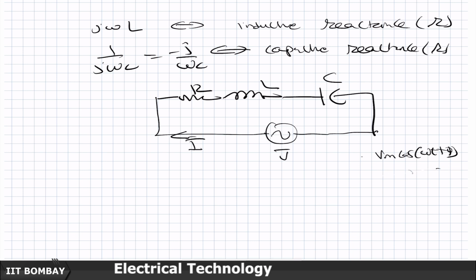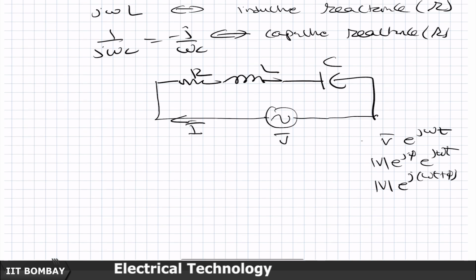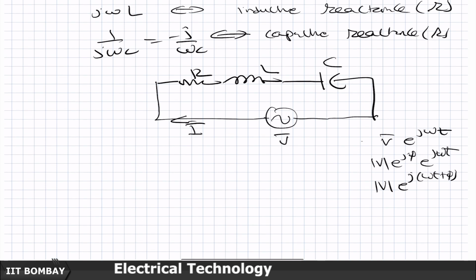Right now, when I write it as V bar, you can take it as a complex exponential, V bar into e to the power j omega t, which is some magnitude V times e to the power j phi, times e to the power j omega t. So, this is V bar e to the power j omega t plus phi and so on. Again, this polar notation I will connect a bit more in the next class.